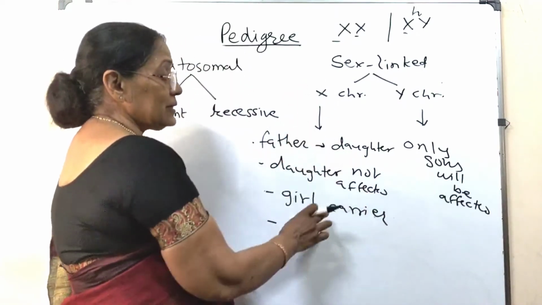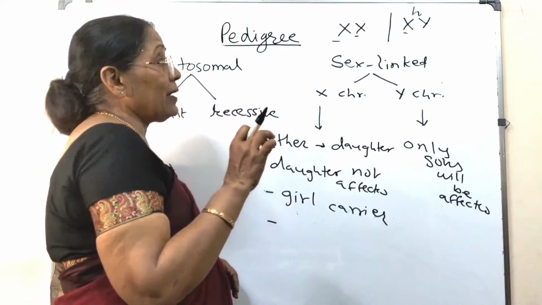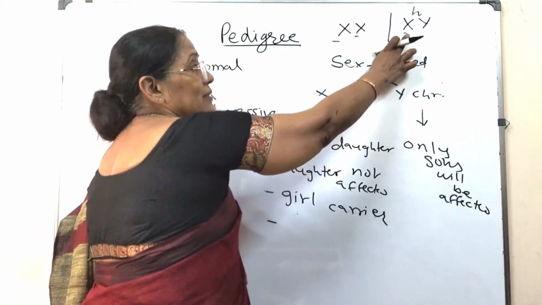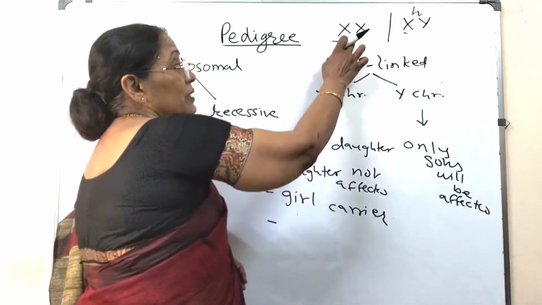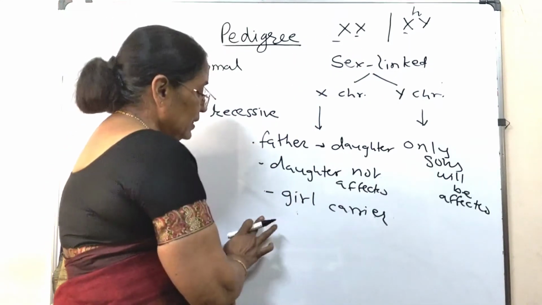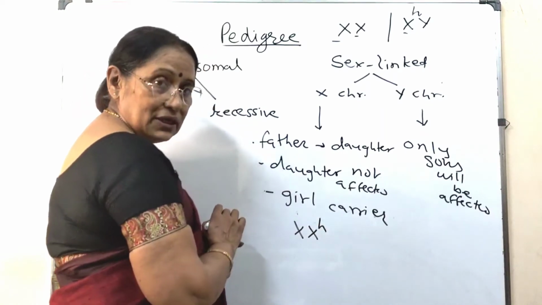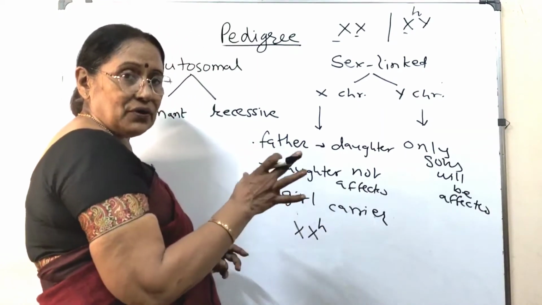लेकिन फिर this girl transmits the disease. गर्ल के पास क्या है? ये एक्स फादर का एक्स है जिसमें डिजीज है और ये मदर का एक्स है जिसमें डिजीज नहीं है. This daughter, she is now having this disease causing gene. This H I am writing for hemophilia.